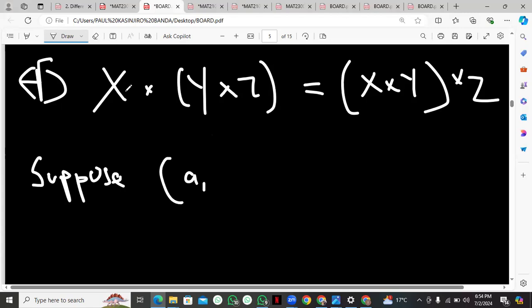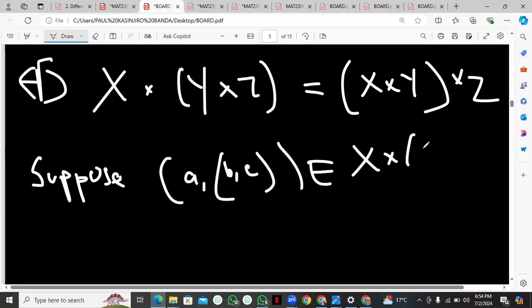So this A is in this set X, and then I have a pair of coordinates B, comma, C that are actually in this Cartesian product of this set, right? Suppose that this coordinate here is a member of the first set that we have there, Y, and then we have Z there.